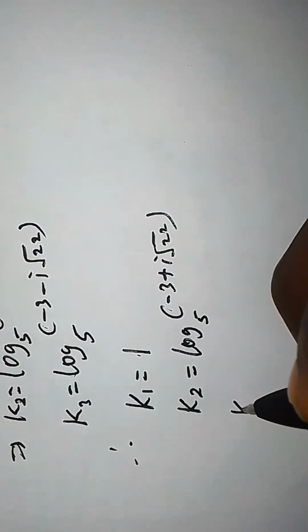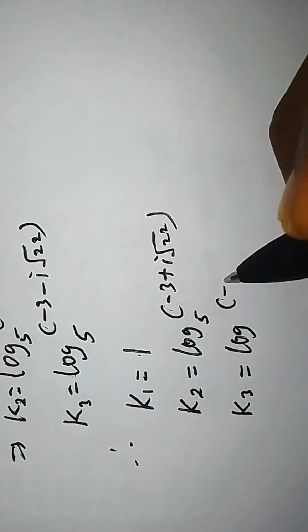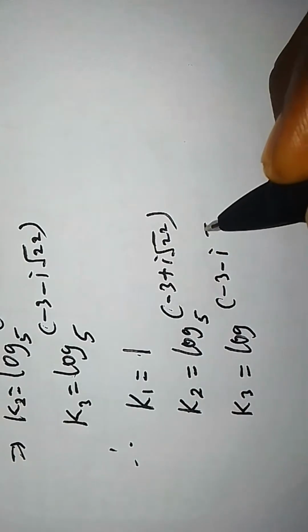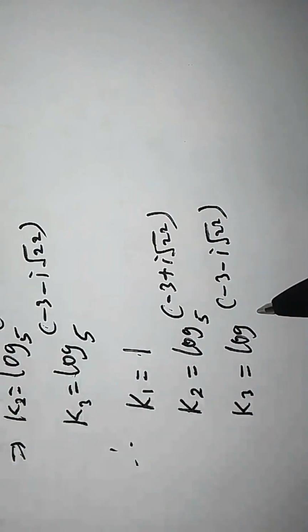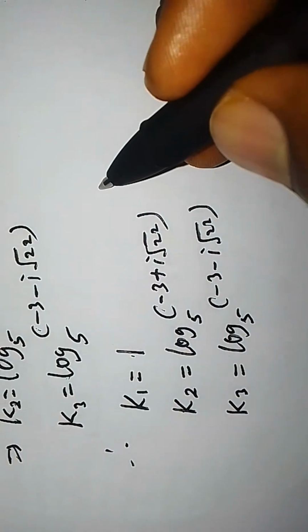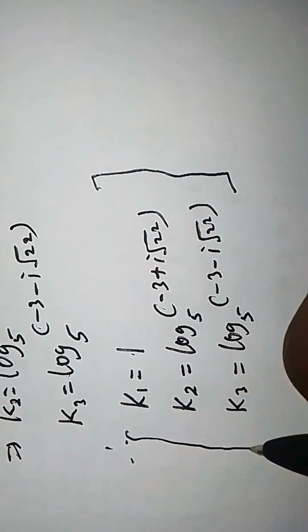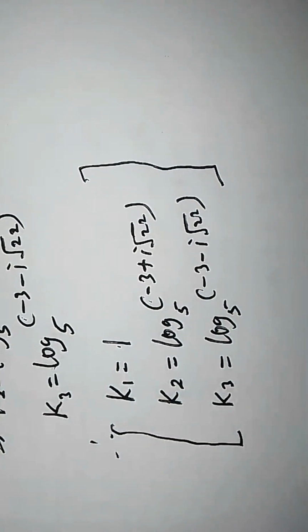The third solution, k3 = log of -3 - i√22 base 5. You will see that we have three distinct solutions for this equation.